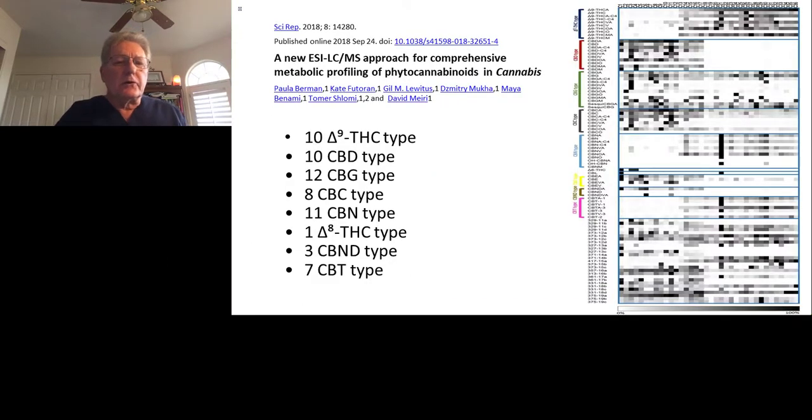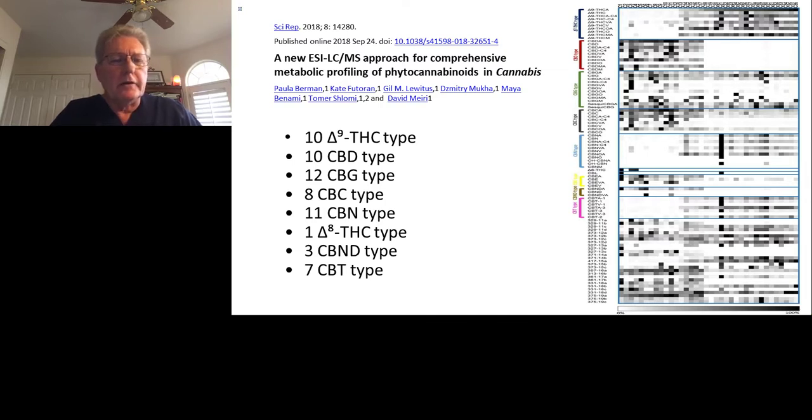Now, Meiri's work out of Israel, he's done tremendous work. This is looking at a heat map, an LCMS approach, and I apologize for the size of this, but on the top of this heat map lists 36 cultivars, and on the left side, it's identifying the different cannabinoids.